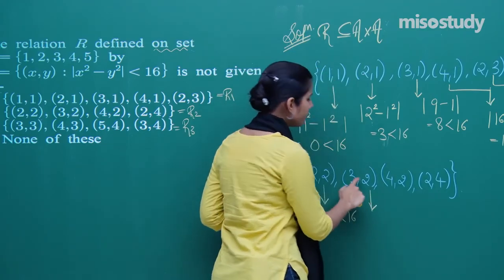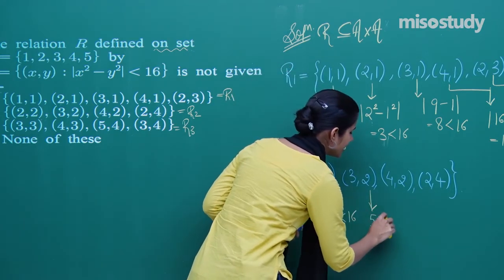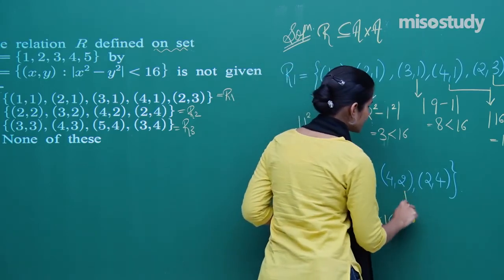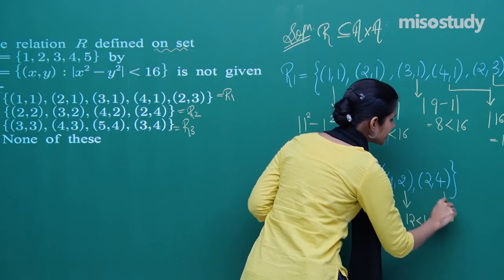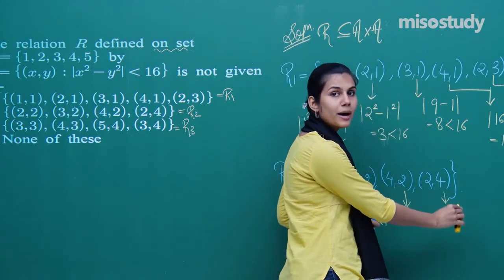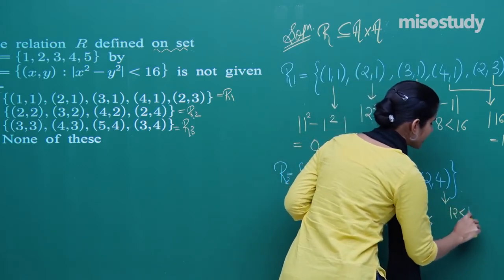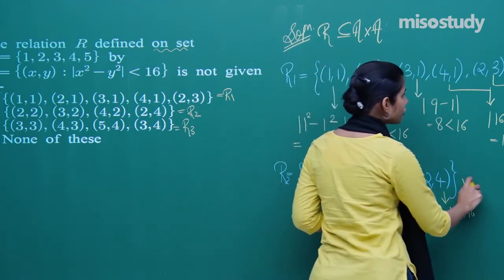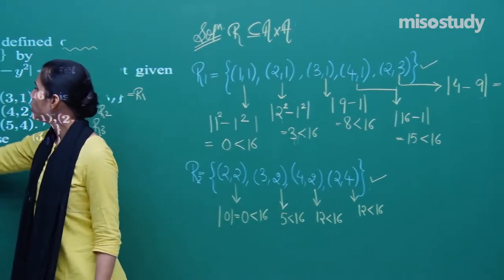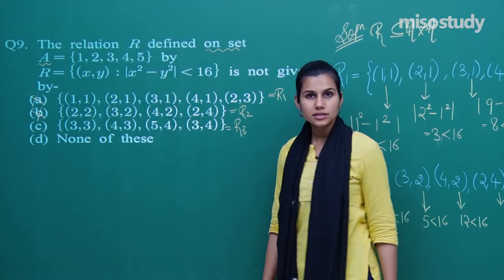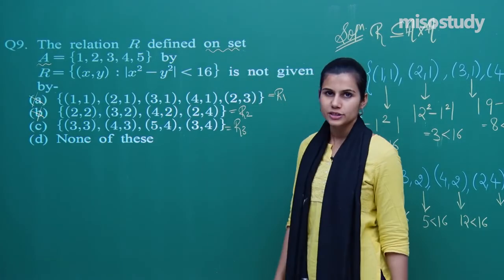If you take modulus of 9 minus 4, you get 5, which is strictly less than 16. If you take 16 minus 4, you get 12, which is strictly less than 16. And if you take 4 minus 16, the modulus of that again brings you 12, which is again less than 16. So even R2 is coming just like R1 from this given rule, and so R2 also cannot be the correct answer. Because the correct answer is that relation which is not given by this rule.